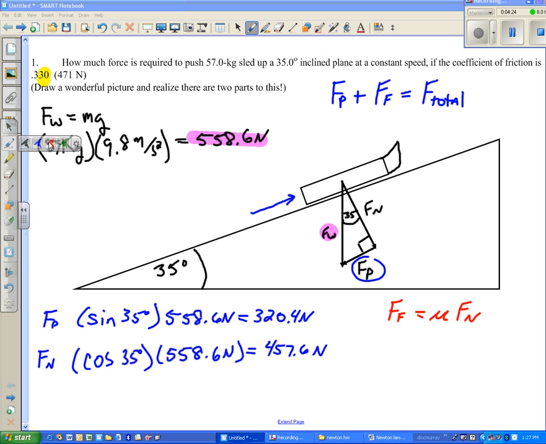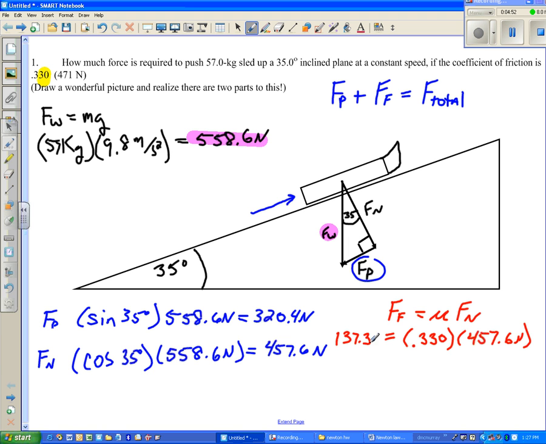And we also have found the normal force through using the cosine over here. So I'm going to take my 0.330, and I'm going to multiply that by the normal force, which I calculated out to be 457.6 newtons. And that's going to get me my frictional force. And that frictional force happens to be 137.3.